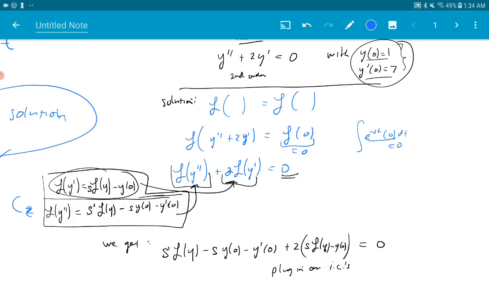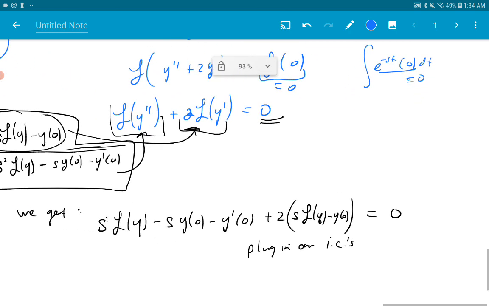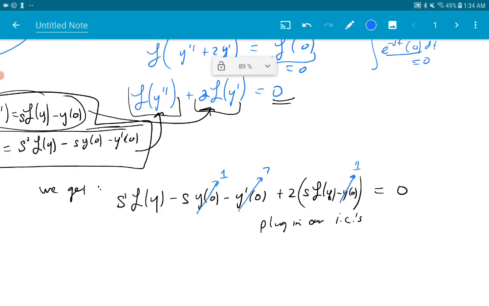I'm going to go back to this. So this is 1, this is 7, and this is 1. Those are the only places where I saw them. And that'll be different in different problems. Those numbers might be different. You just have to look at the initial conditions given to you.